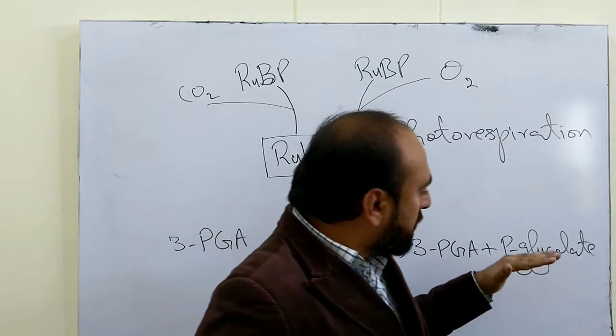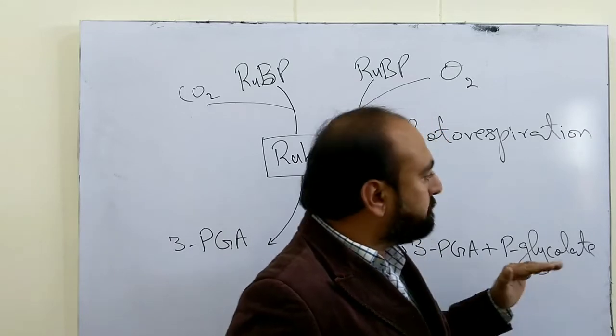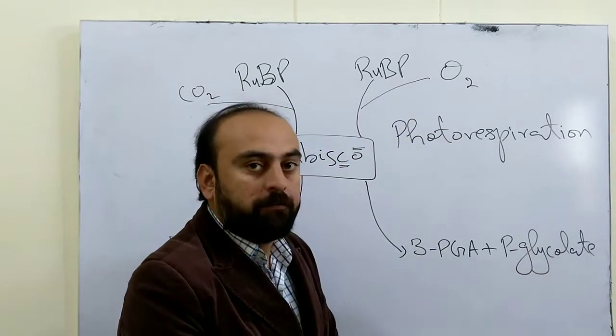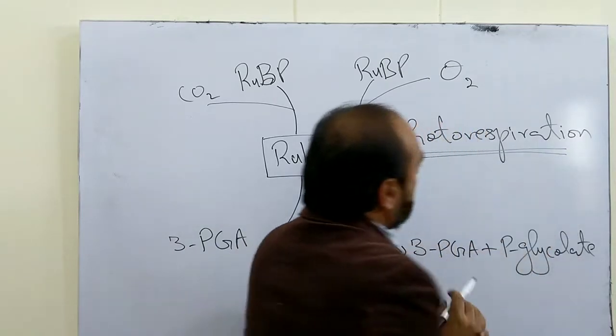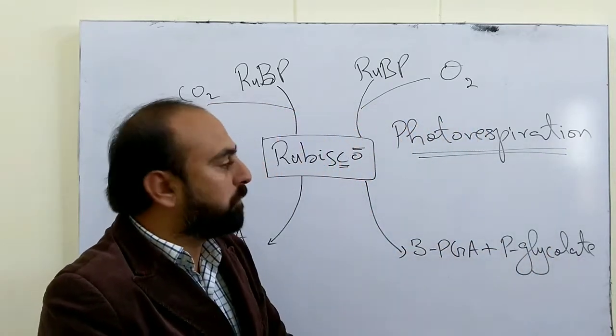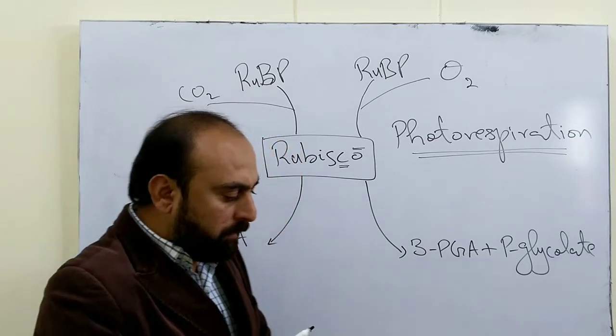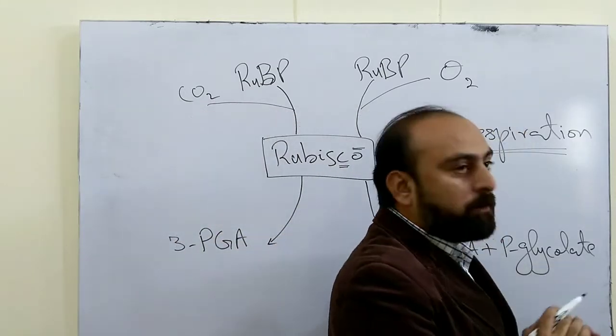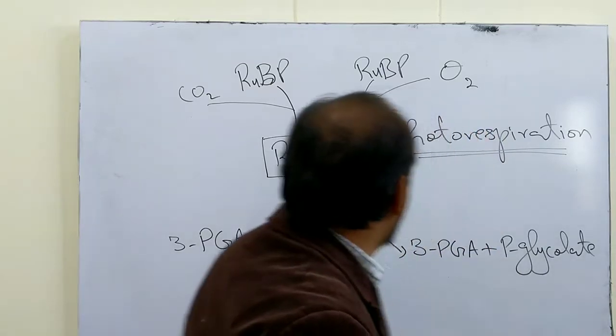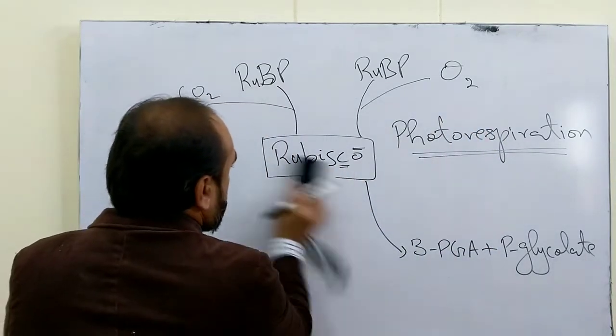How the plant gets rid of this glycolate is the topic of our discussion today, what is called photorespiration. But before I start discussing how the plant gets rid of glycolate, I would like to talk about the properties of this Rubisco.